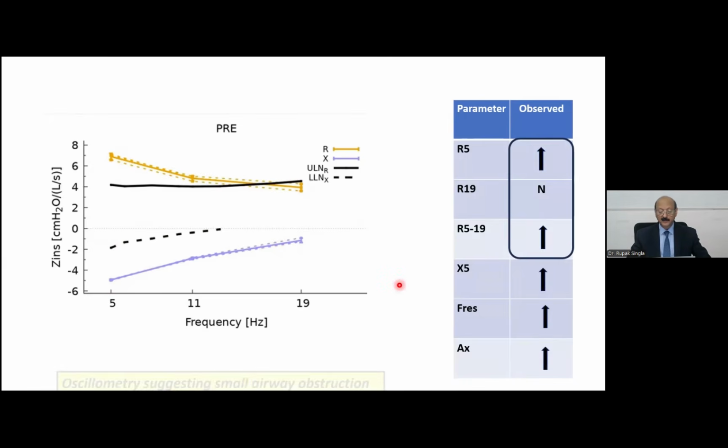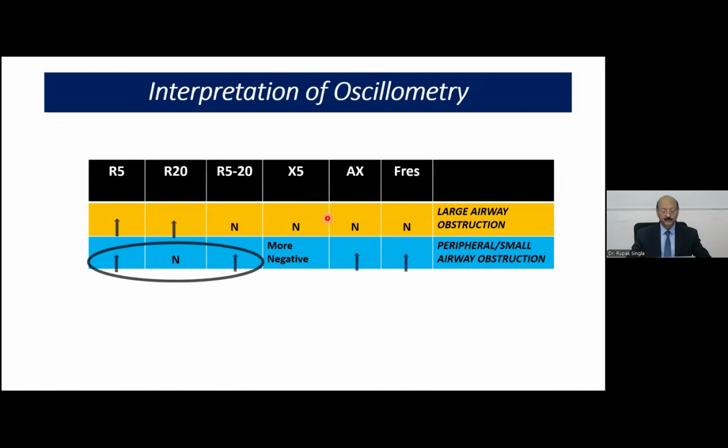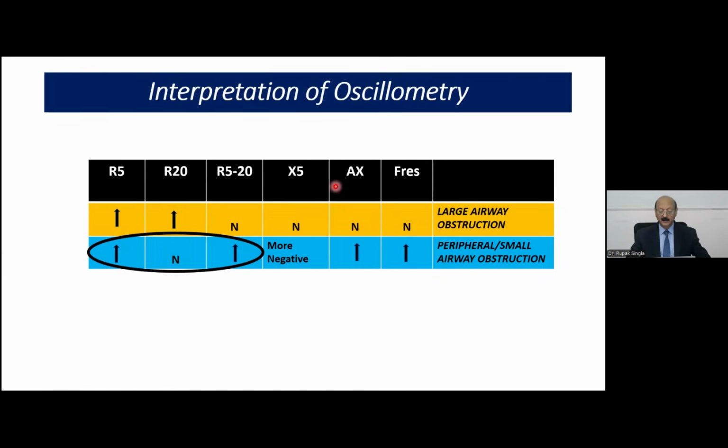So in this situation, this will indicate small airway obstruction as R19 is normal. So here you will have R5 increased, R20 normal, R5 minus R20 increased, X5 more negative, AX and FRS increased. So this indicates peripheral small airway obstruction.